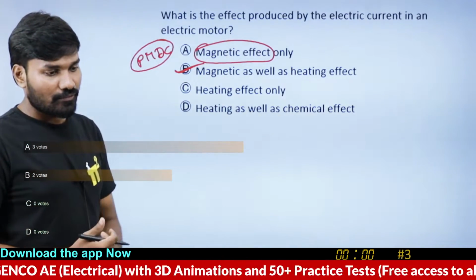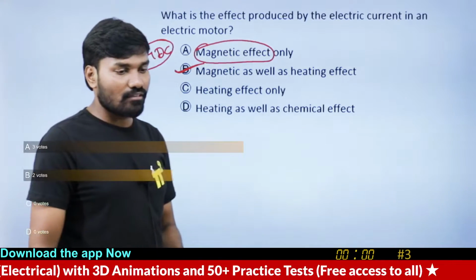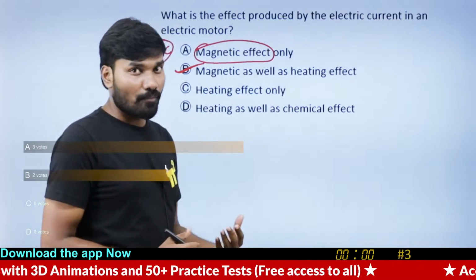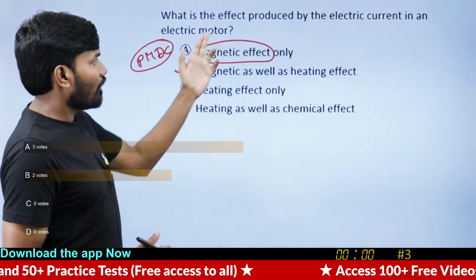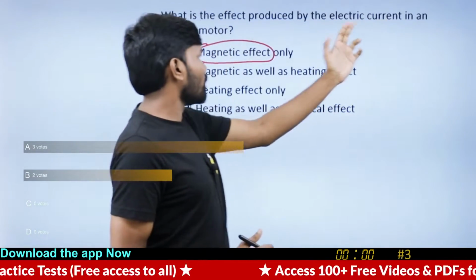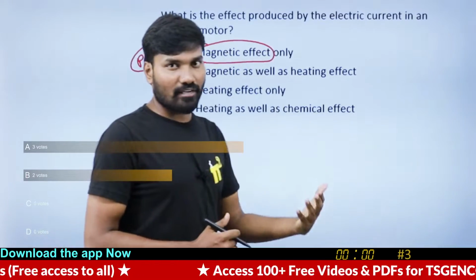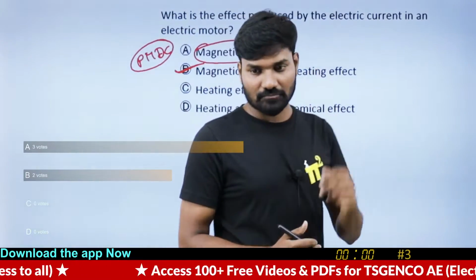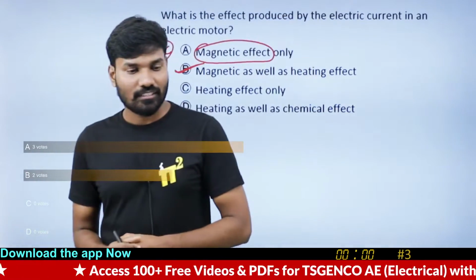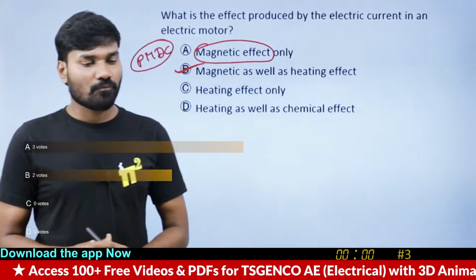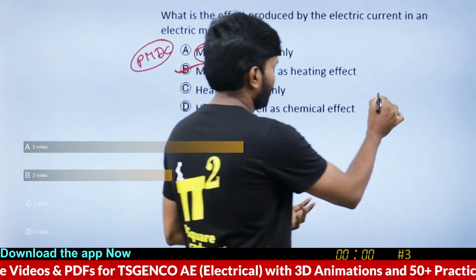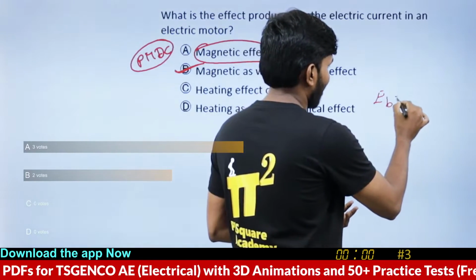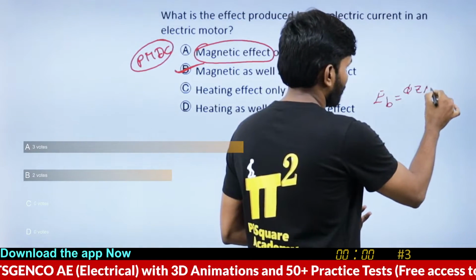So the question is, how come in case of permanent magnet type machine, current should produce magnetic effect? I'm waiting still. Back EMF, somebody is answering back EMF, equal to phi Z NP by 60A.